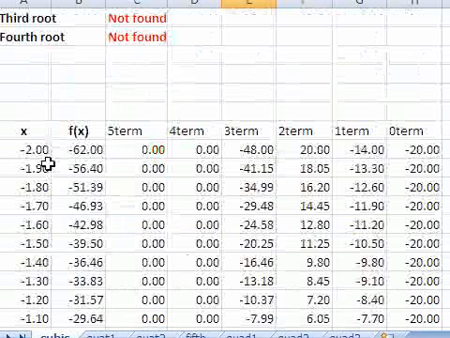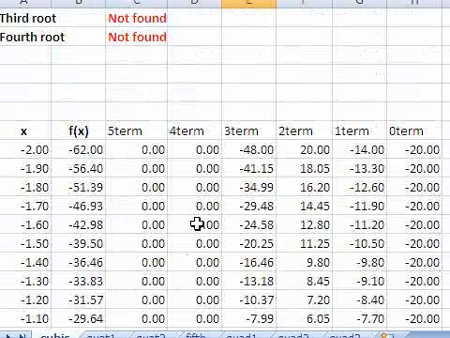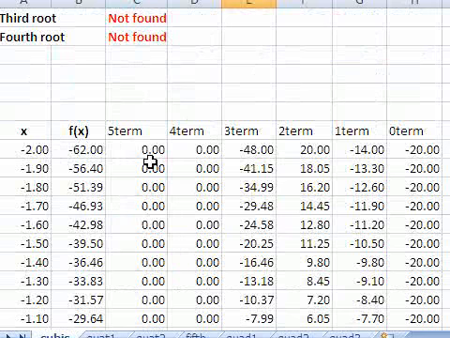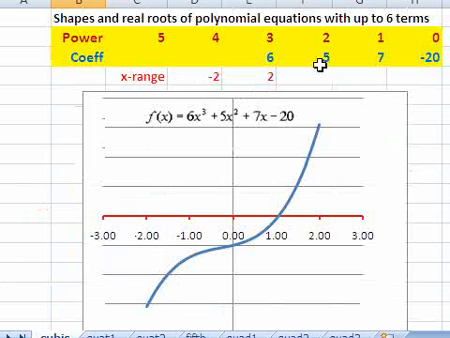And then for each value of x, compute the value of each term of the polynomial. Some of them will be 0 because we don't always have every power in the equation. And then when you add up all of these terms, you get f of x. And once you have x and f of x, you can use Excel's scatter plot tool to make this graph.